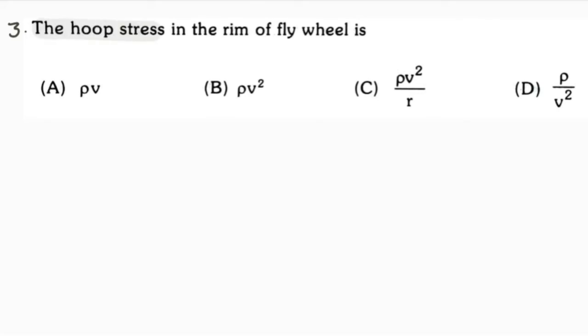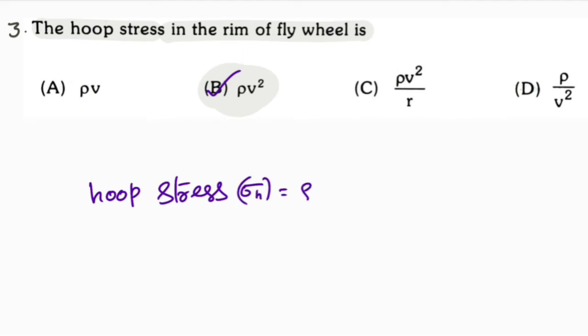The hoop stress in the rim of a flywheel is, hoop stress equal to rho v square. That is the standard formula. Hoop stress, let it be sigma h equal to rho v square, where rho equal to mass density of the rim material.